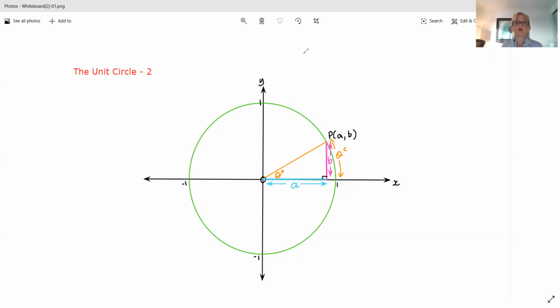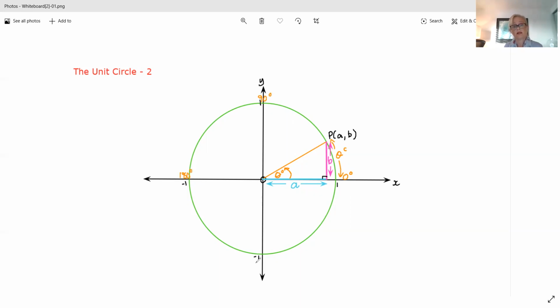What we're actually talking about here is we're imagining that our radius starts off here and it's like a line that's moving, rotating anti-clockwise. All right, so you're moving anti-clockwise. So at the start it's obviously moved 0 degrees. If you're up here, you've moved 90 degrees. If you're here, you've moved 180 degrees.